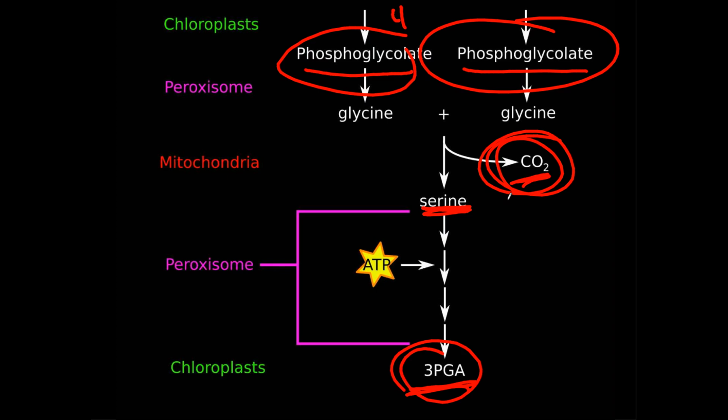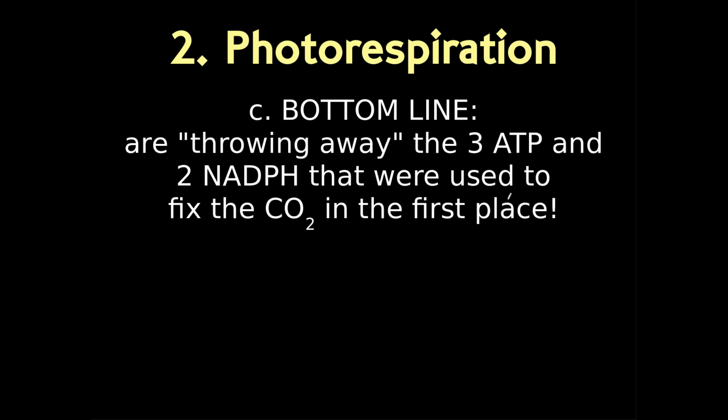Blech. Not good. In the end, we're throwing away 3 ATP in this course, and 2 NADPH that were used in the first place. Those that we use in the process of doing this, they're gone. And this is what was used to fix that CO2 that we lost in the first place.